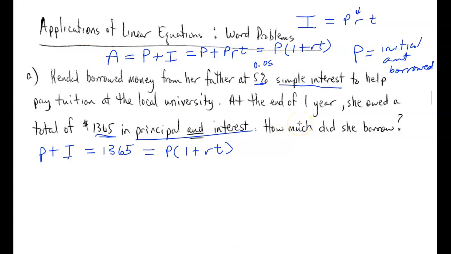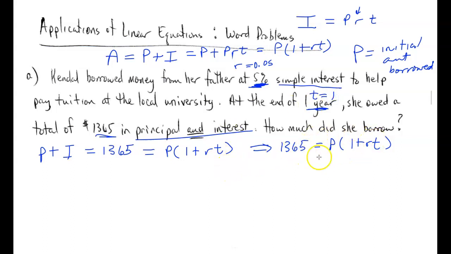So now we have to figure out what is going to be our rate and what is going to be our time. Well, let me rewrite this here just to be clear. We know that our rate is right here, the 5%. We also know that our time is 1 year, so T is equal to 1.